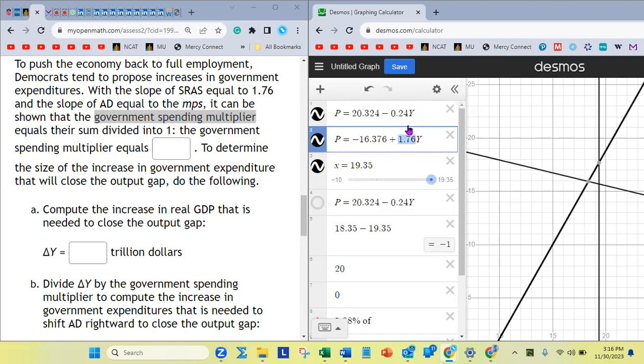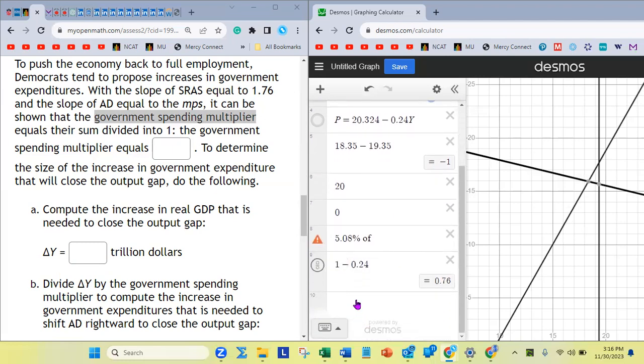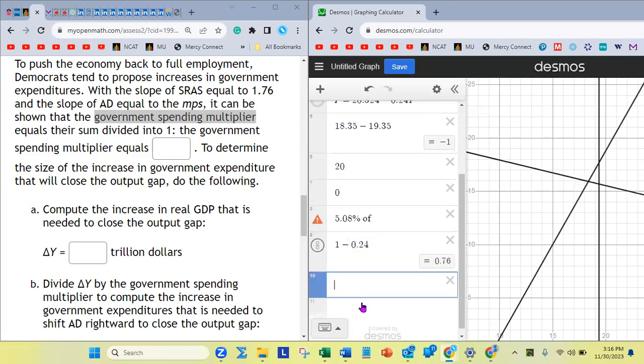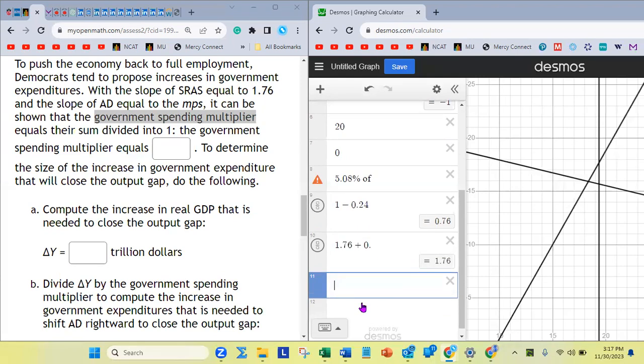So I add 1.76, the slope of short-run aggregate supply, to 0.24, the absolute value of the aggregate demand slope.